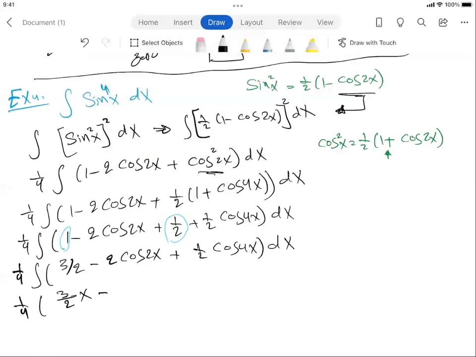I already have the derivative of the angle, which is 2, so that simply becomes minus sine of 2x, plus the integral of 1/2 cosine 4x. The derivative of the angle is 4, so I need to divide by that. So this term becomes 1/8 sine of 4x.